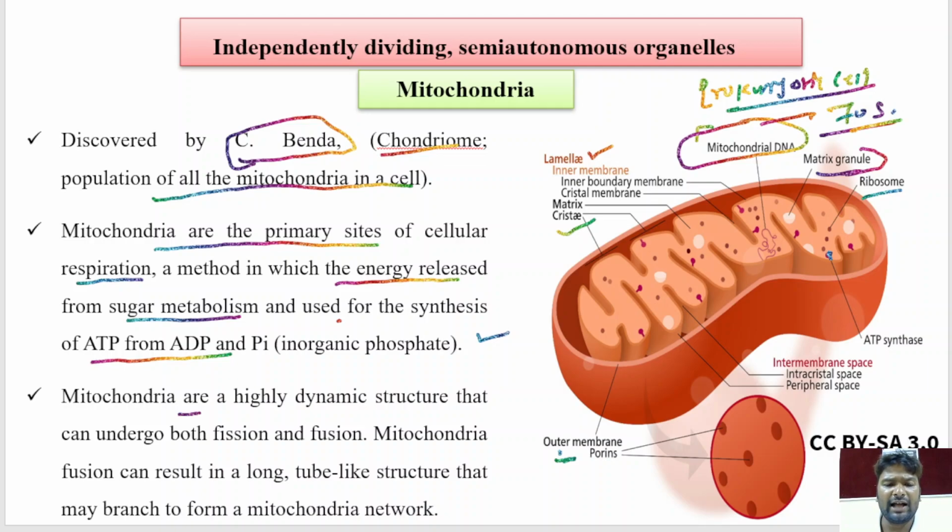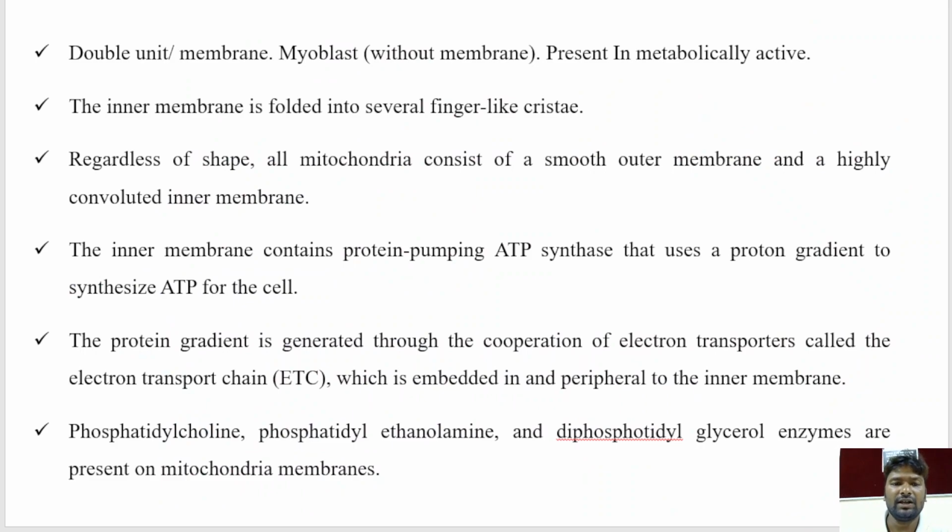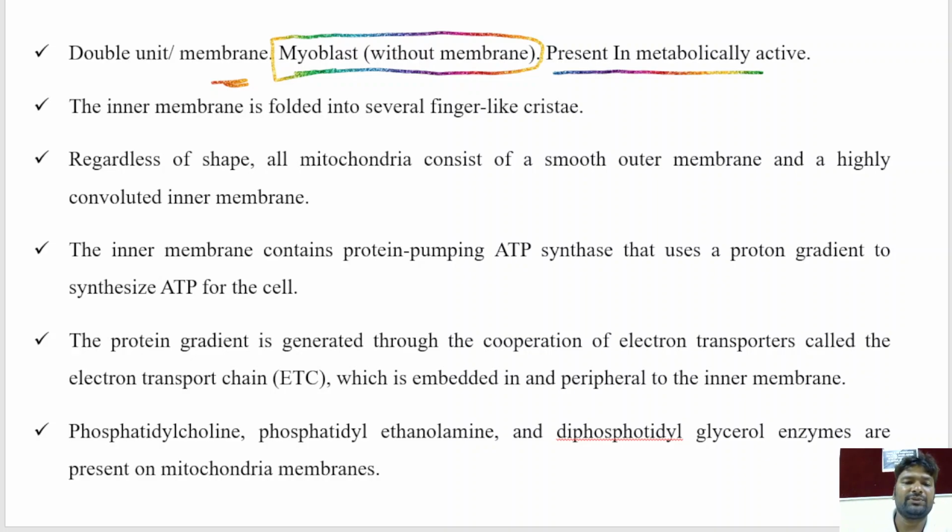And mitochondria are highly dynamic structures that undergo both fission and fusion, and this fusion process can result in long tube-like structures that may branch into a mitochondrial network. They have double unit membranes, and without a membrane the mitochondrion is called a mitoplast, present in metabolically active cells.